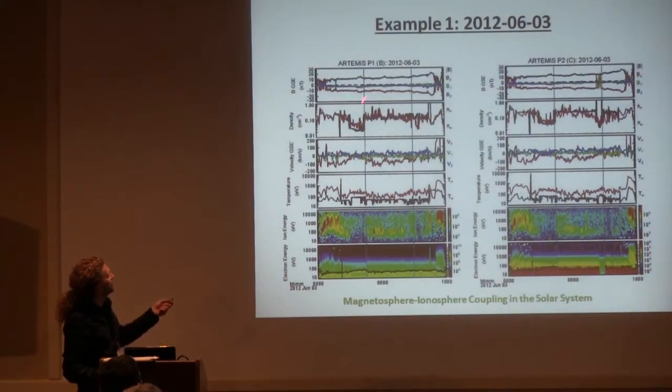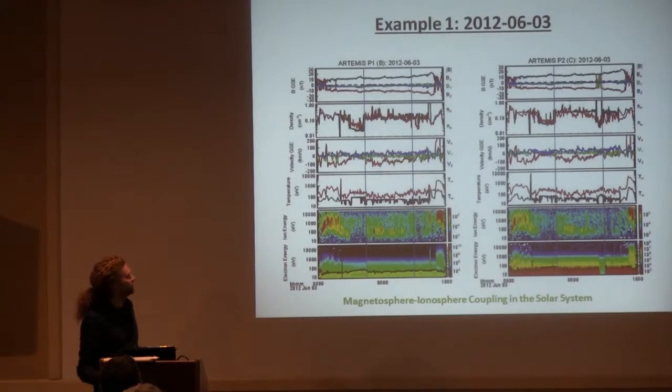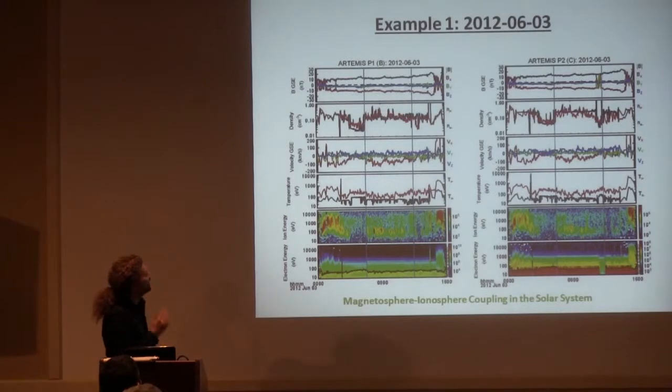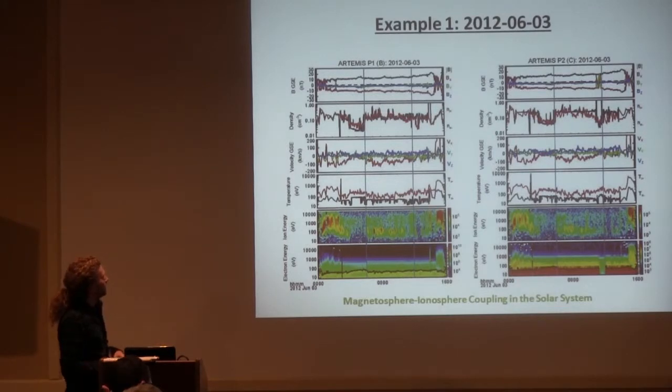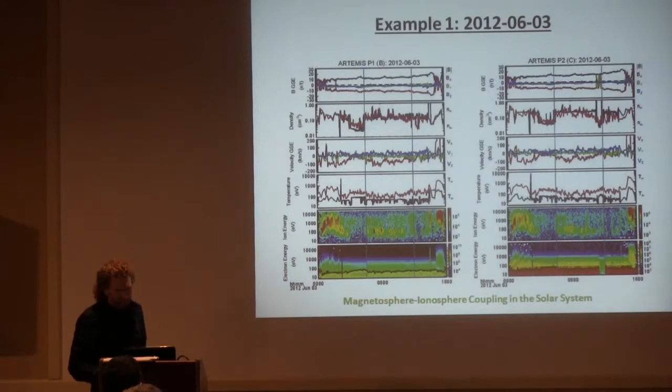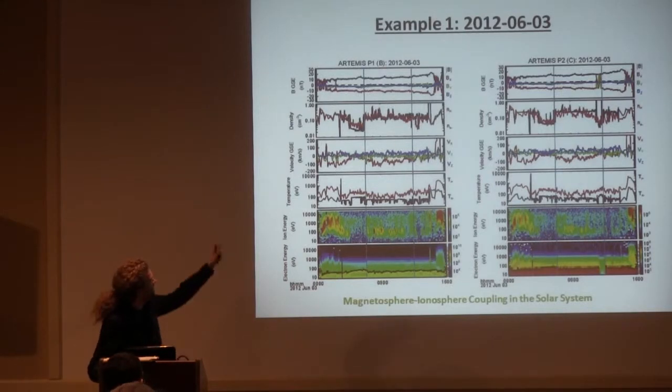Let's see, so we have magnetic field, density, velocity, temperature, ion, electrons. And this is from the 2 Artemis spacecraft, Probe 1 and Probe 2, which were old Themis B and old Themis C. And so in this case, we seem to be in what I consider the plasma sheet boundary layer. Let's see, I'll move to the next slide.